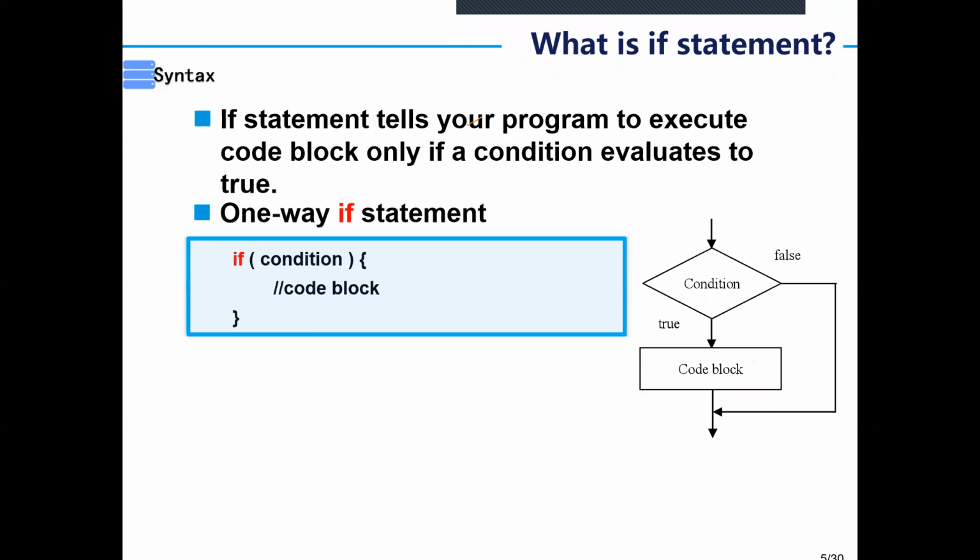Attention please. The code block enclosed in brackets executes only if the condition's value is true. The code in the code block may be just one statement, or many statements, or several code blocks. The figure shown on the right side is called a flow chart.